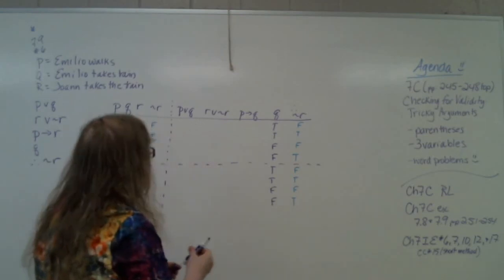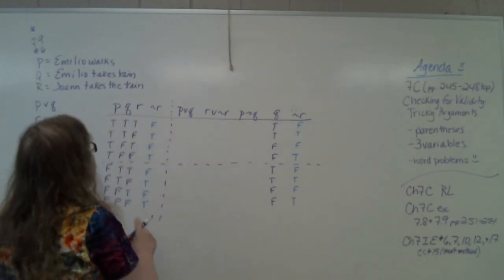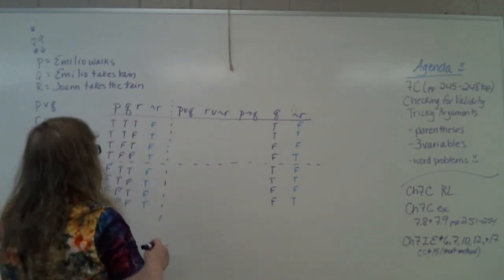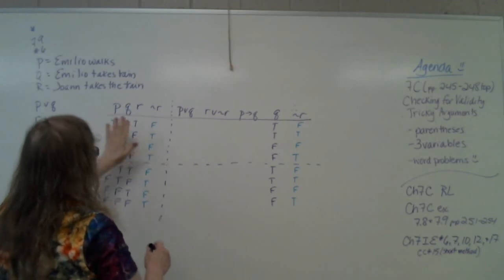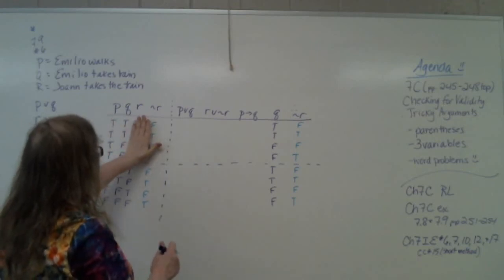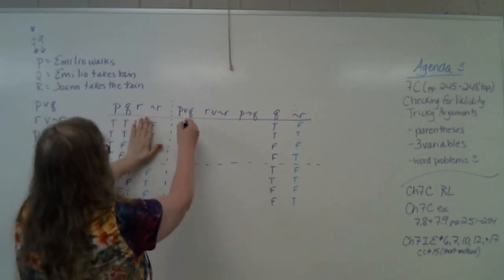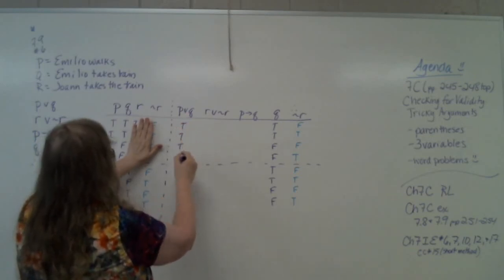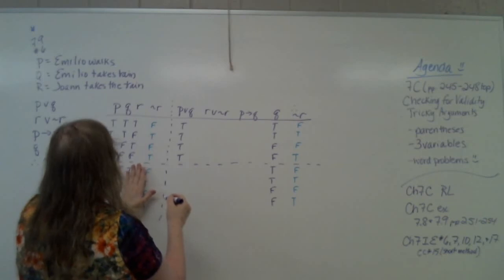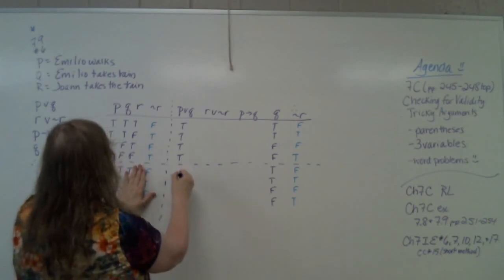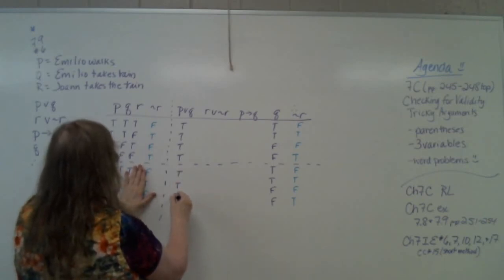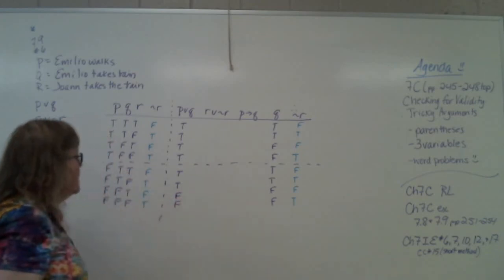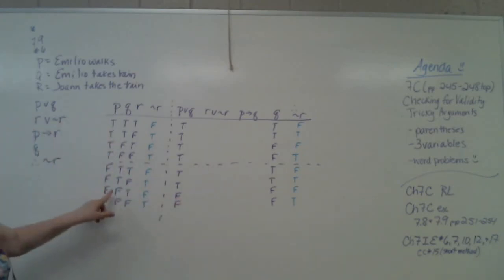Not too horrible. Okay, so now we're going to do P or Q. Okay, the first two, we're not going to look at R, just P or Q. And anything that has at least one true is true. Okay? False and false is false. That's the only place it's false.